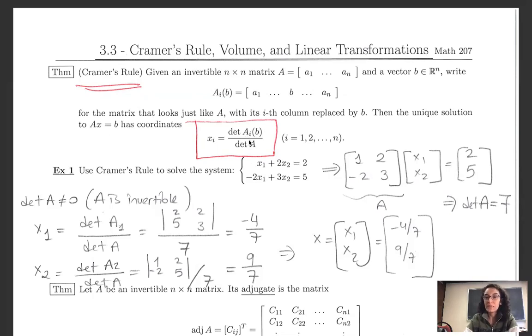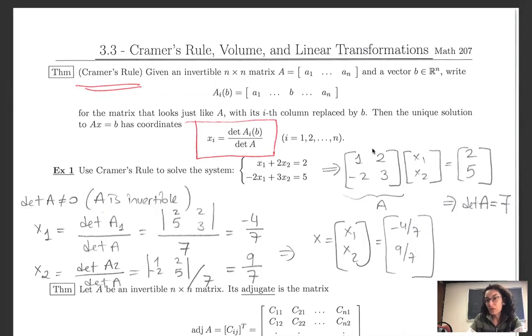Actually, AiB will be, for example, if you are trying to find the first entry in your unknown, I mean, if you are trying to find x1, then in your coefficient matrix, you will replace the first column with this constant vector. So you're just going to remove this first column. Instead of this column, you will put this here.